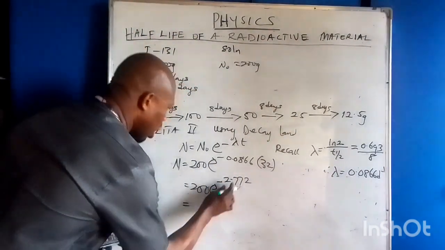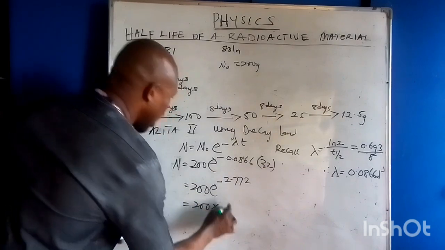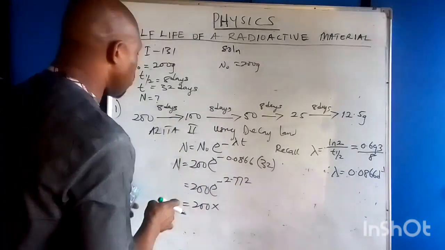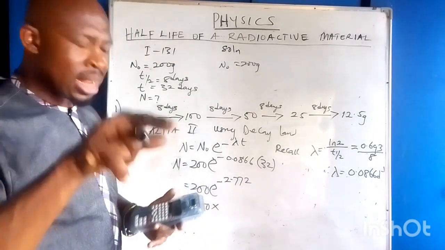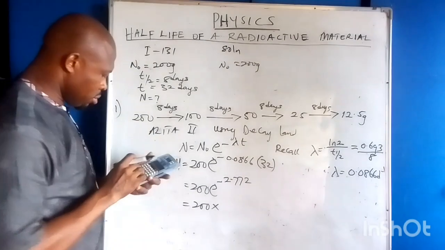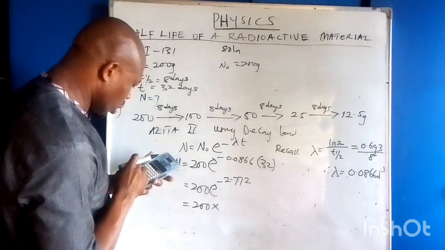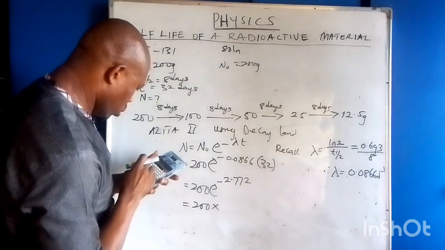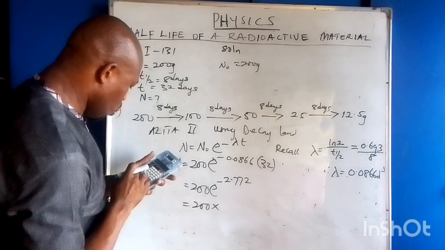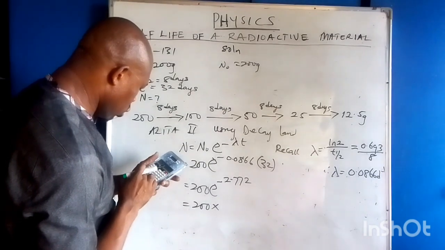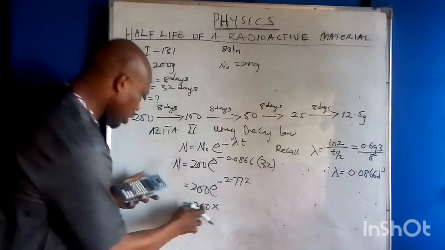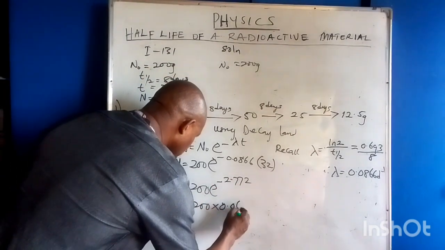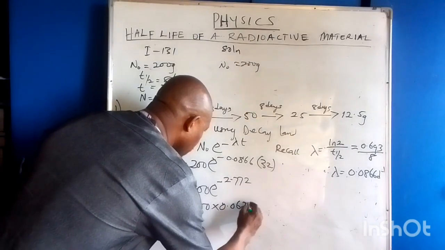Now the exponential of this, 200 times the exponential function. You know how to get the exponential function: just press shift and then the natural logarithm key. So for minus 2.772, the exponential of this will give us 0.0625.